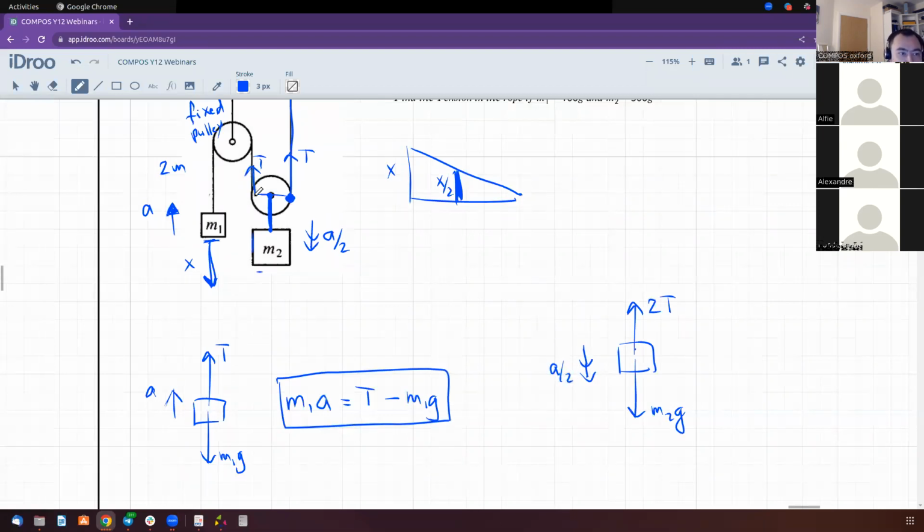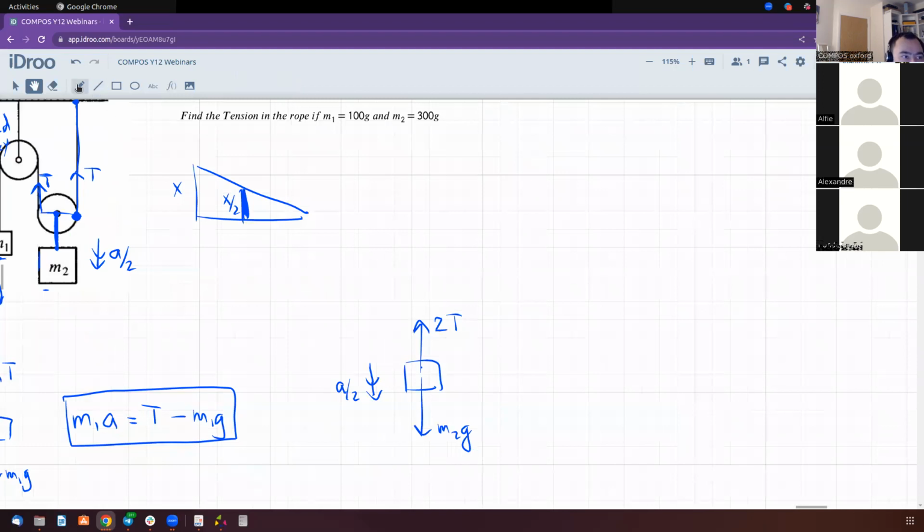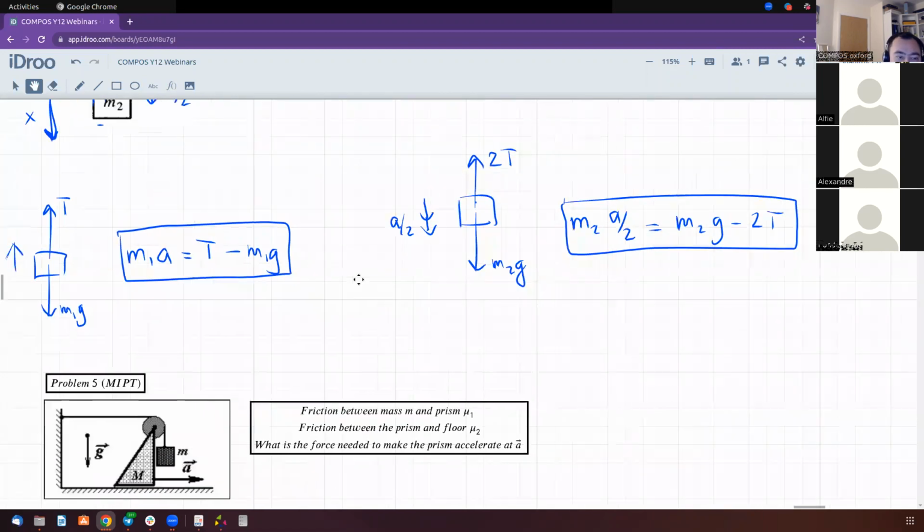We have two ropes pulling with equal force, and you write down that M2 times acceleration over 2 is equal to M2G minus 2T. And since you have all of these values, you just solve simultaneous equations.